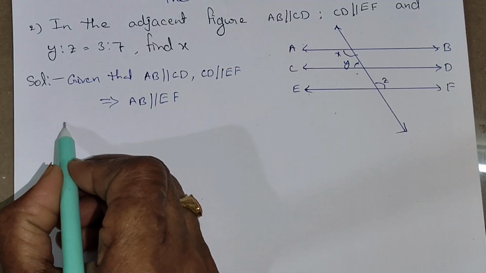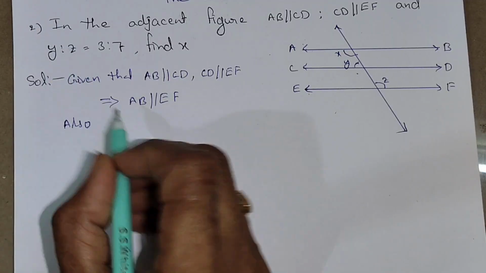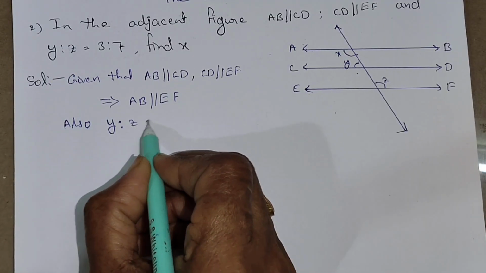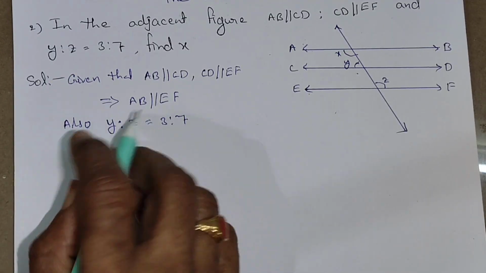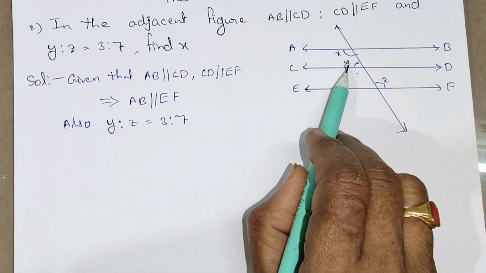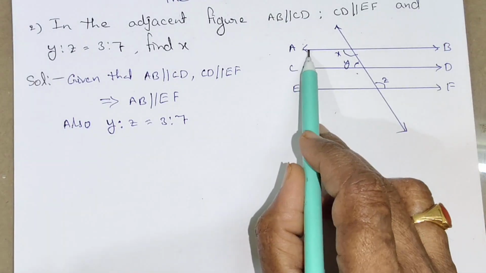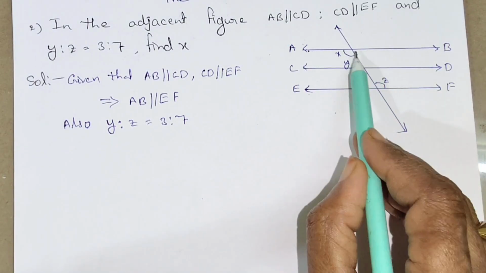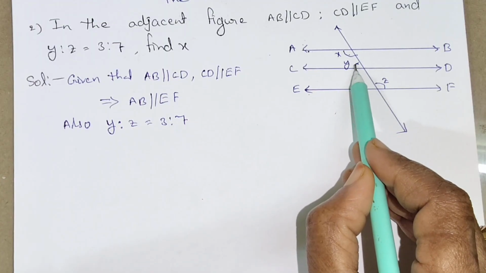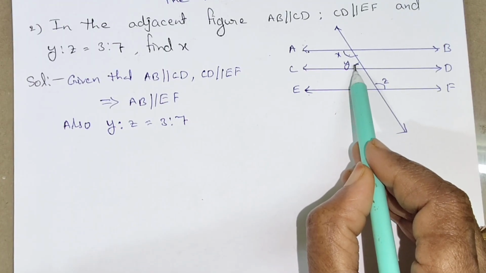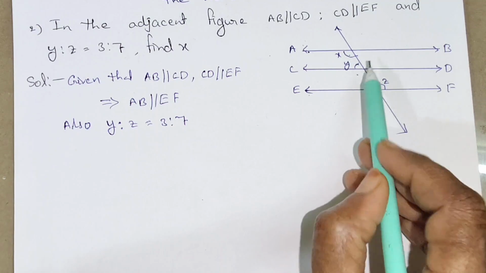Also given the ratio Y is to Z equal to 3:7. Here X plus Y is the interior angles on the same side of the transversal, so the sum is equal to 180.